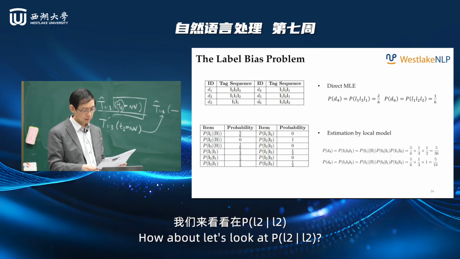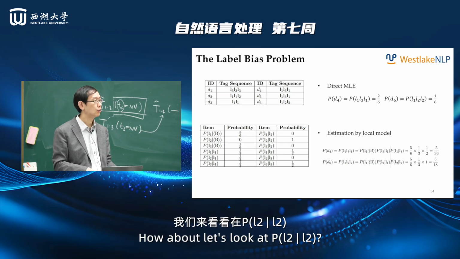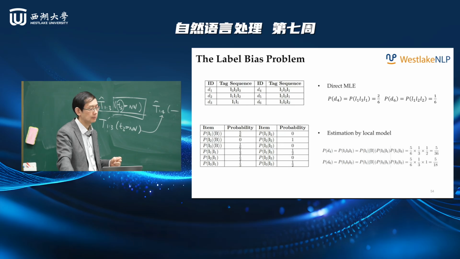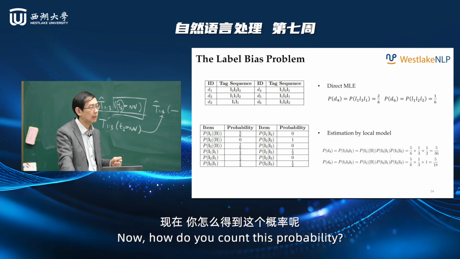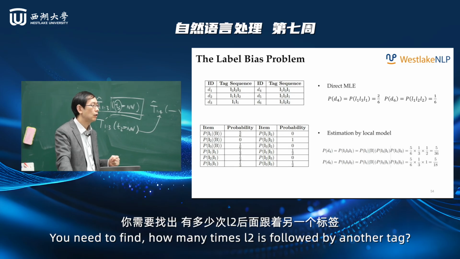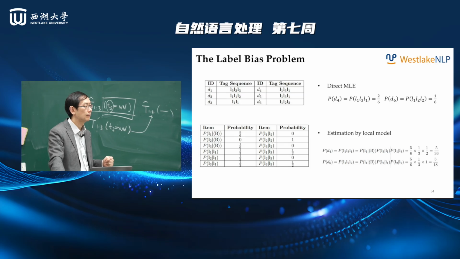Let's look at P(L2 given L2), okay? If the previous tag is L2, what's the probability of all tags? Now, how do you count this probability? You need to find how many times L2 is followed by another tag, right?